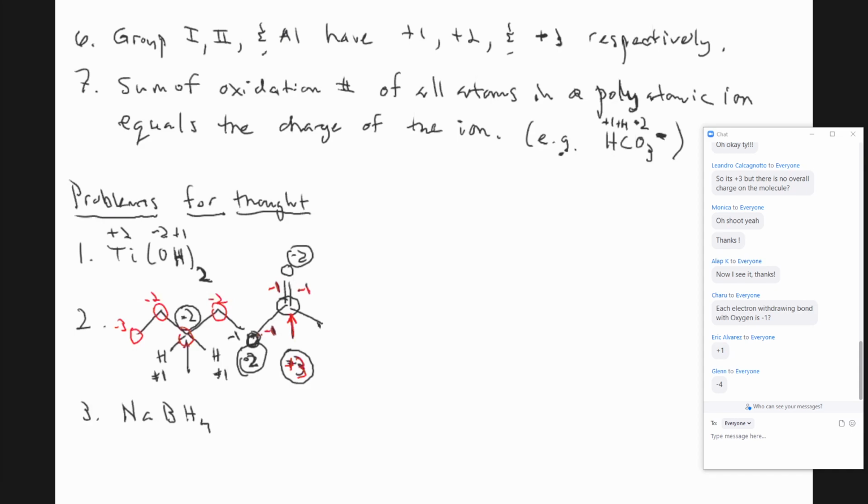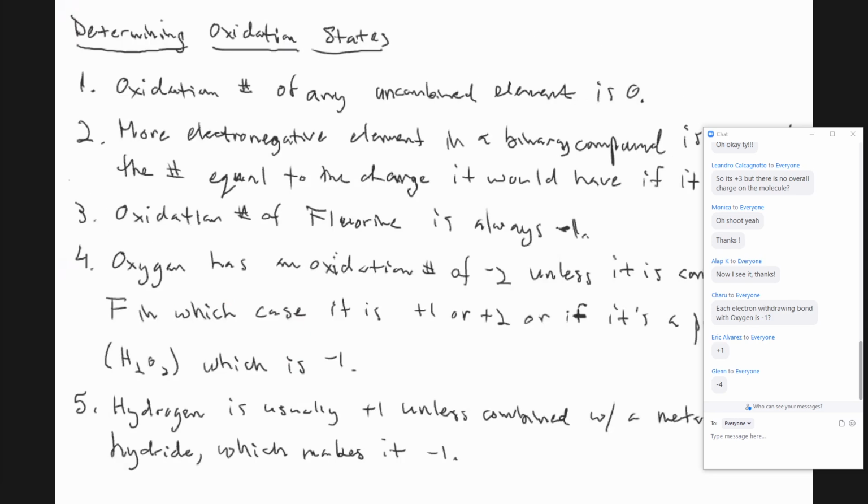So Eric, if we go back and look at rule 5, hydrogen is usually +1 unless combined with a metal, the metal hydride, which makes it a -1.